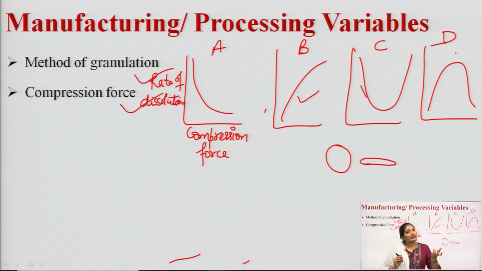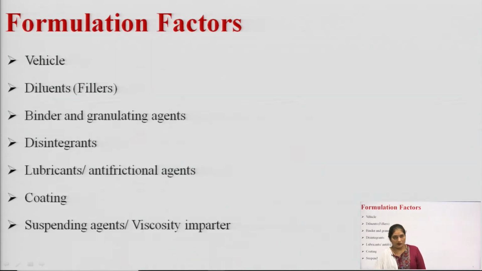Okay. And sometimes the opposite can also happen, meaning the drug cannot get easily released. In that case, the rate of drug dissolution will be less. Okay. So, this is the effect of manufacturing or processing variables on the drug absorption.